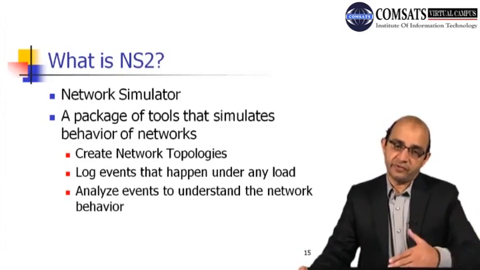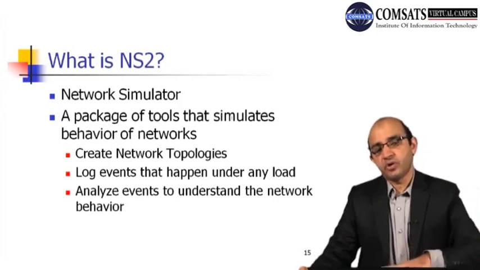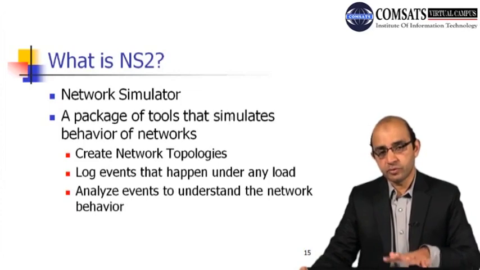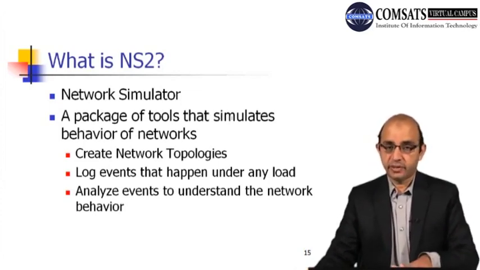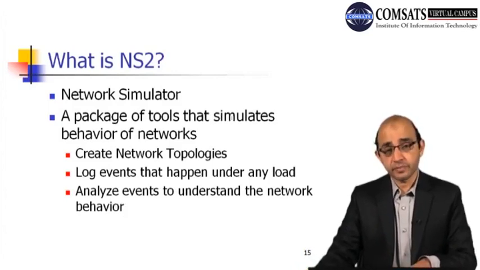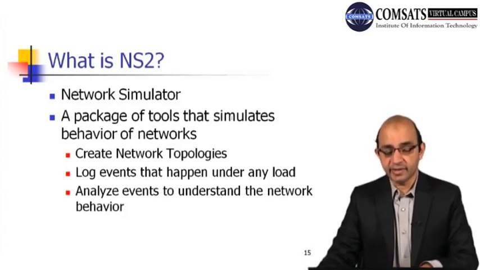But the behavior is different, because at the edge it has to block certain packets, maybe there is some attack, and within the office it has to behave differently depending upon the rules and policies that are implemented, right? So this is something we will be modeling and simulating by using the NS2 network simulation tool.